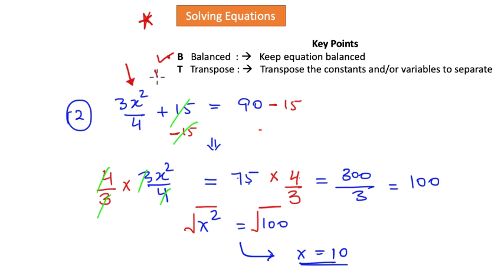And transpose means transposing the constants and or variables to separate them from each other, and that's exactly what we did here. We basically said that by adding or subtracting on one side, we are trying to transpose this number 15 from left to right. By multiplying by 4 over 3 on the left hand side, we are basically transposing this number 3 over 4 that was part of this equation to the right hand side.